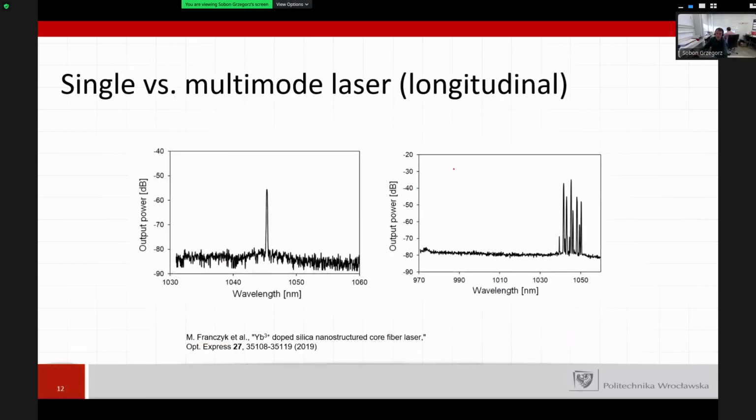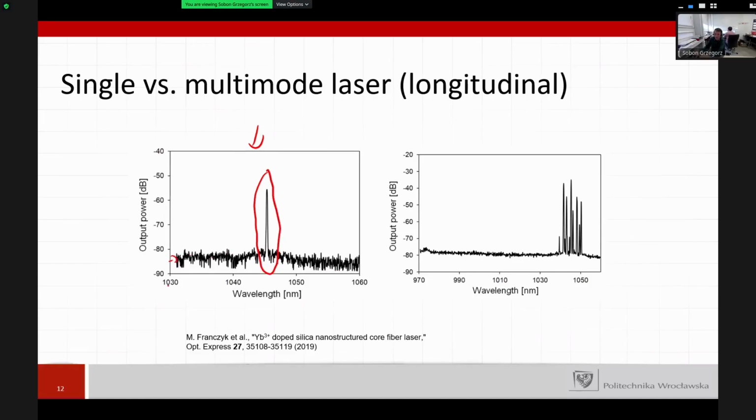This image shows an example of how a multi-mode and a single mode laser spectrum will look. This is a classical example of a single mode, single frequency spectrum: we have only one line in the spectrum of our laser, and the rest here is noise.